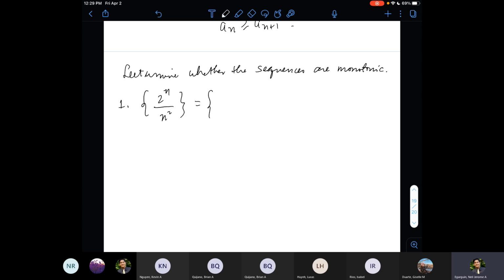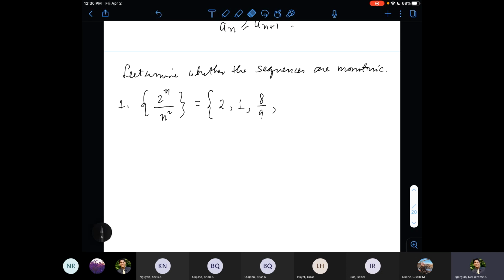So when n is equal to 1, we'll get 2. When n is equal to 2, I'll get 2 squared over 2 squared, so I'll get 1. When n is 3, I'll get 8 over 9. When n is equal to 4, we'll get 2 to the 4th, which is 16 over 16.